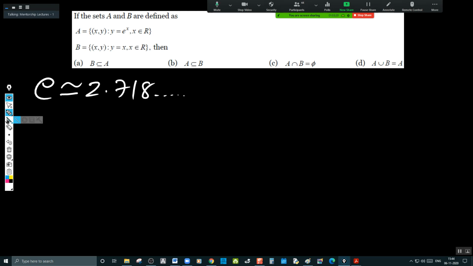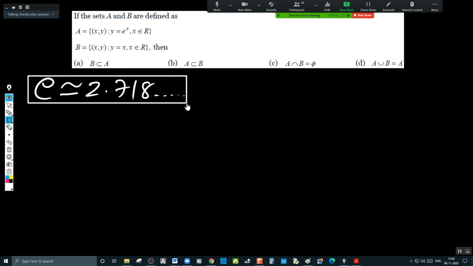This is the approximate value of e. I hope you all know this value. If not, you have to remember this. It is approximately 2.7. It is called non-terminating, non-recurring decimal, and it is an irrational number.